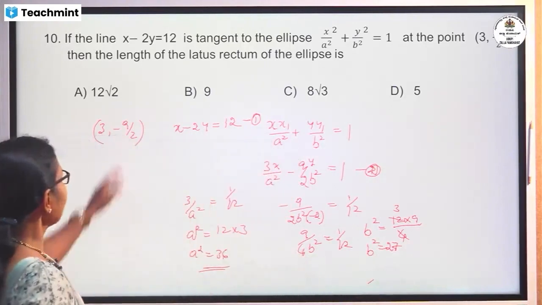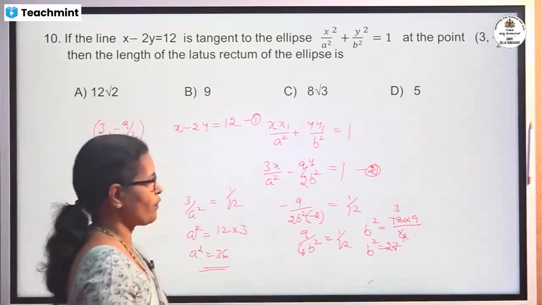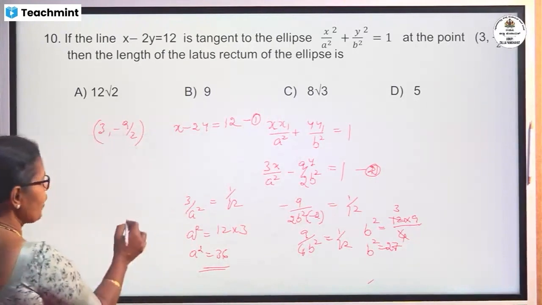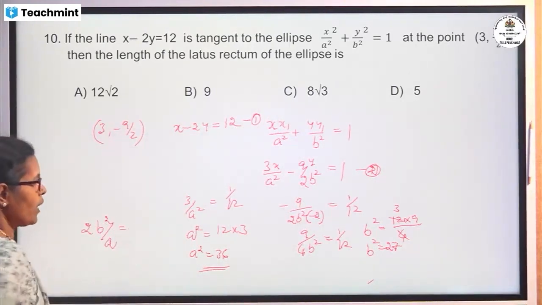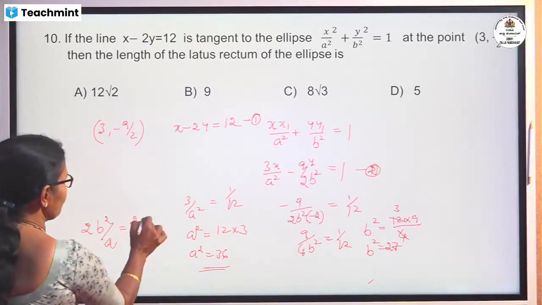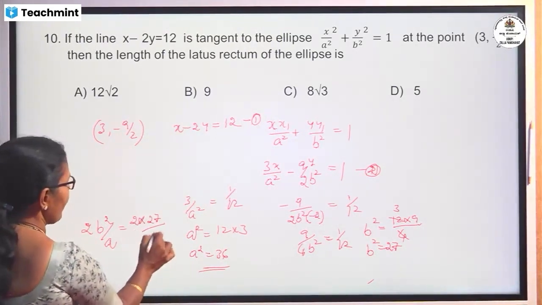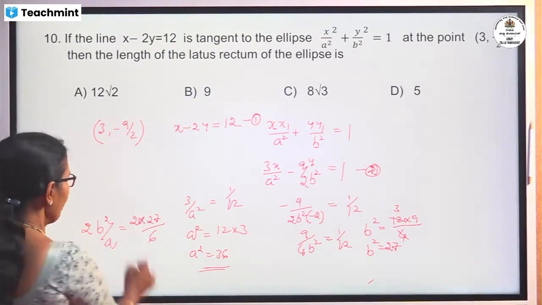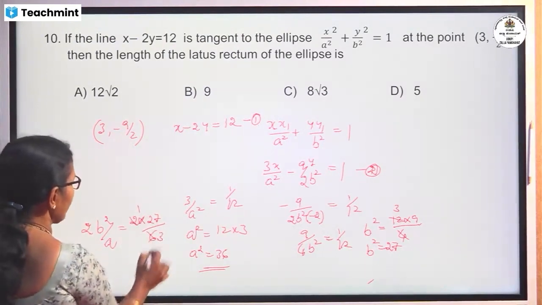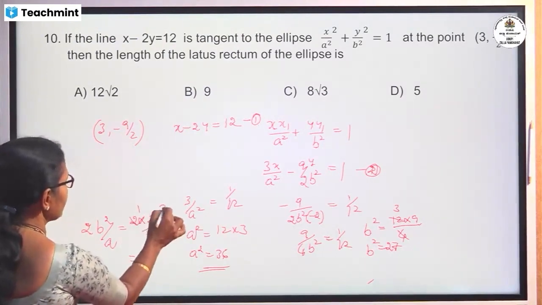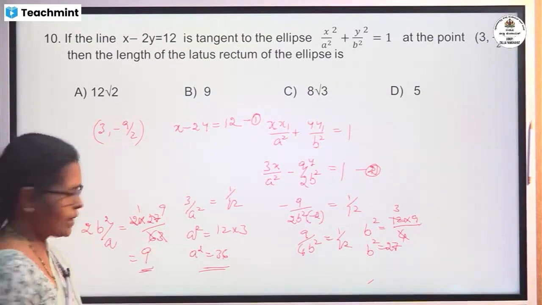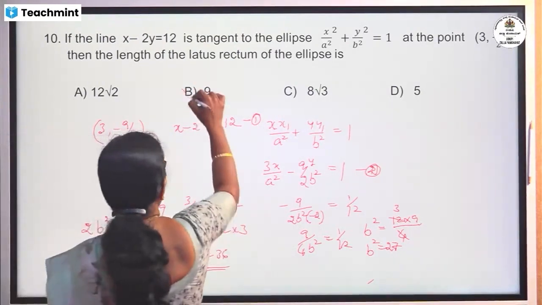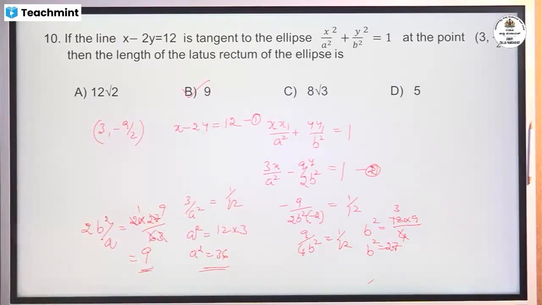Now the length of the latus rectum of the ellipse is 2b square by a. Now 2b square by a means 2 into 27 divided by 6, which is 9. Therefore the length of the latus rectum is 9, so B is the correct answer.